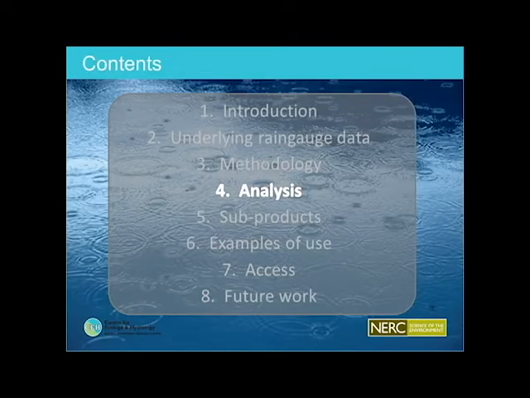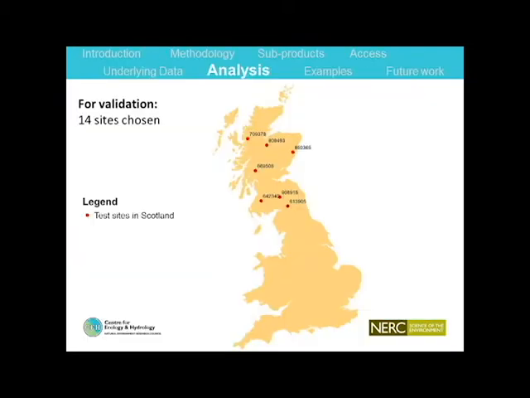So now I'm going to show you a few results of some analysis that's been done on the dataset. For validation purposes, we've chosen 14 sites, 7 in Scotland and 7 in England and Wales, and we've studied over a period of 4 years using daily data.